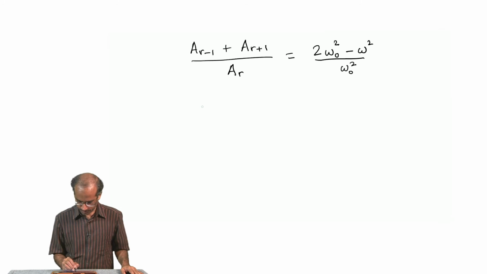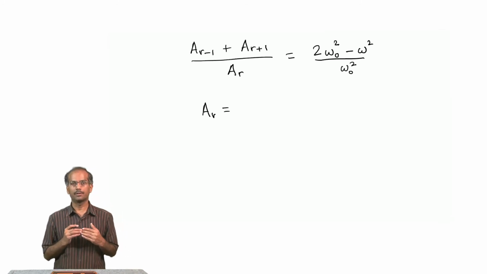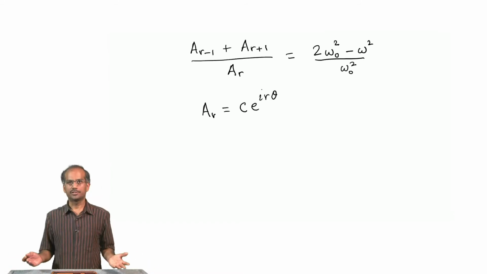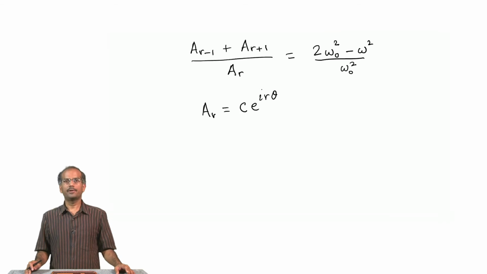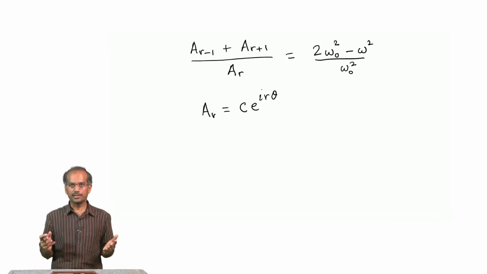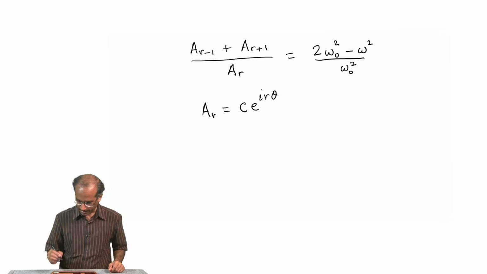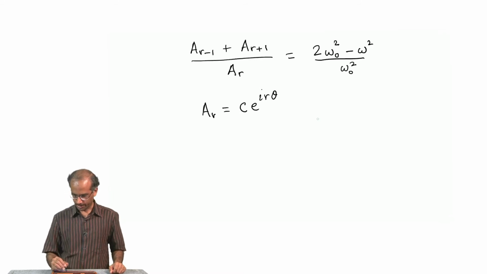I am going to assume that this amplitude a r, amplitude of the rth particle, is c, which is a constant, times e power i r theta. If you actually visualize a string with beads which are oscillating up and down, you would see a pattern, maybe something that might look like this.